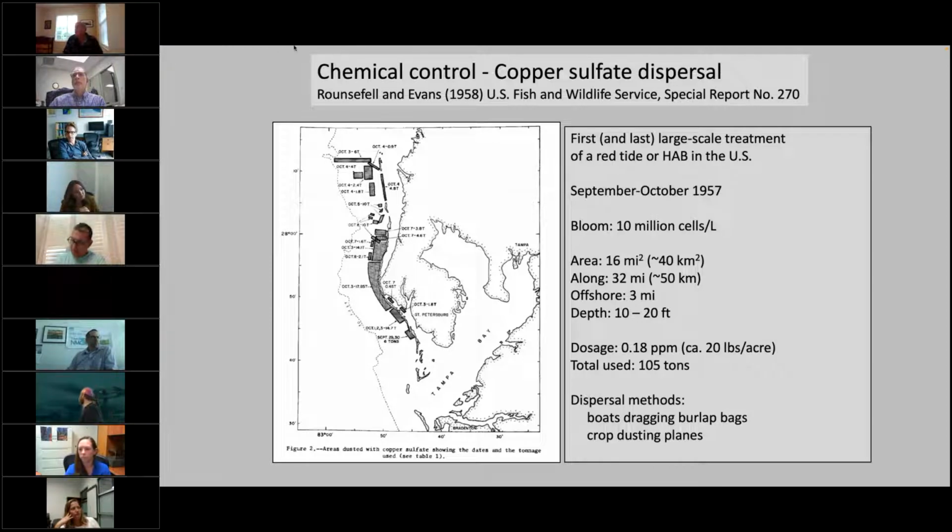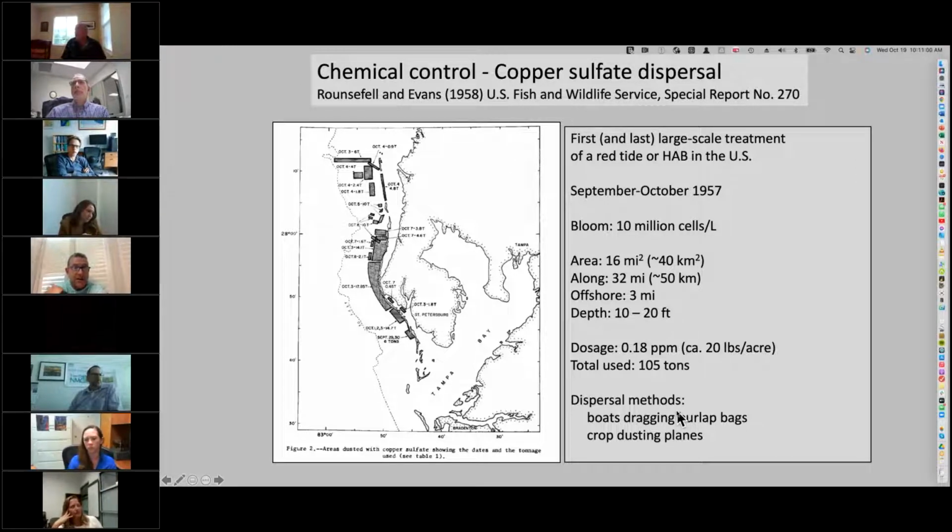The best example of chemical control is what happened right in your area, a long time ago, in 1957, when they used copper sulfate, a very broadly lethal compound, and sprayed it over, as you can see, this 40 square kilometers, 16 square miles.